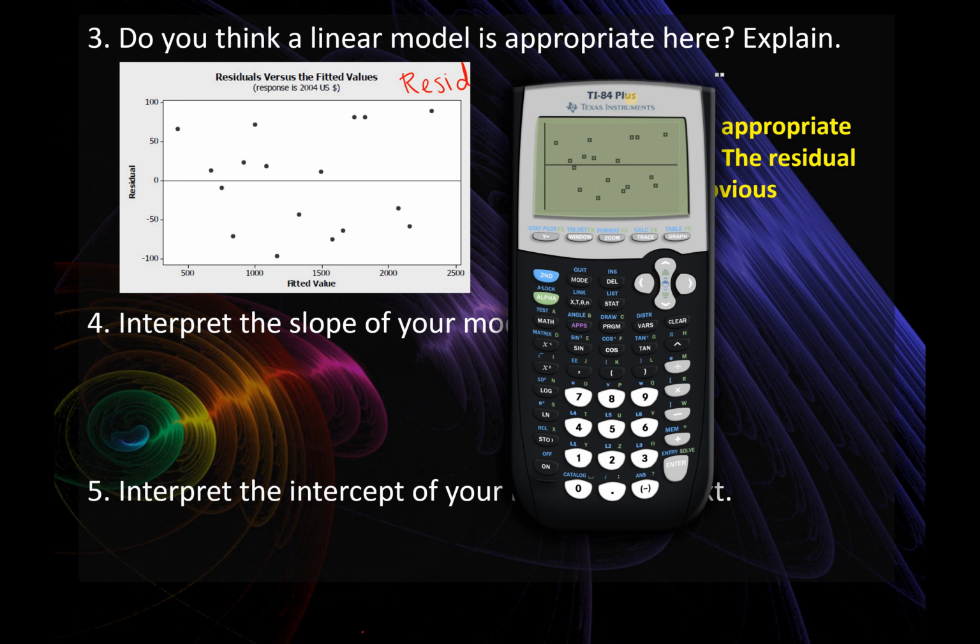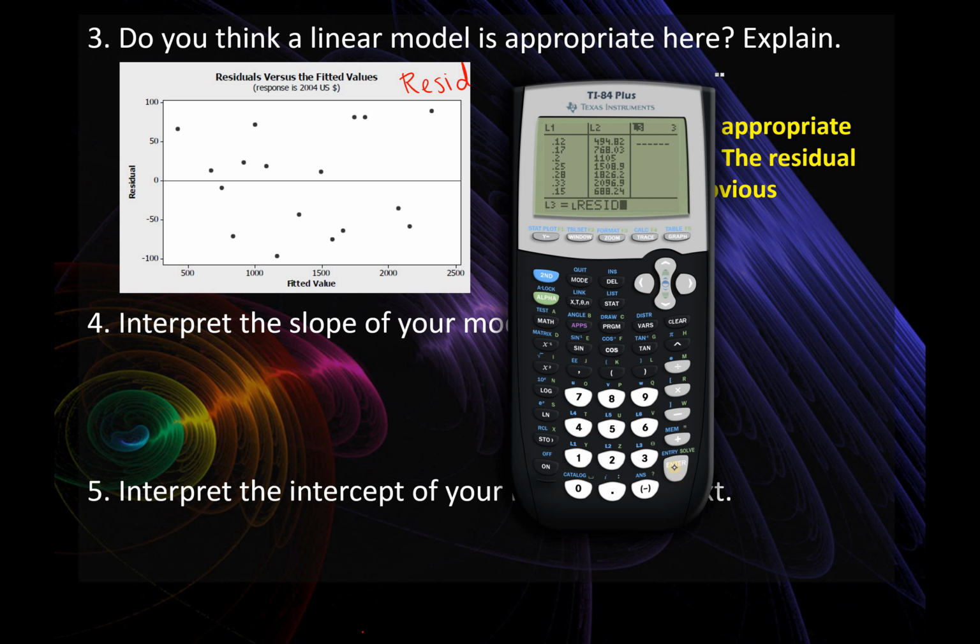So those steps again: we went under stat, edit. In list 3, we didn't have anything. So you arrow up to list 3, you hit second, stat, and then down at the bottom, you should see resid. If you don't see resid, that means you didn't store your reg equation.